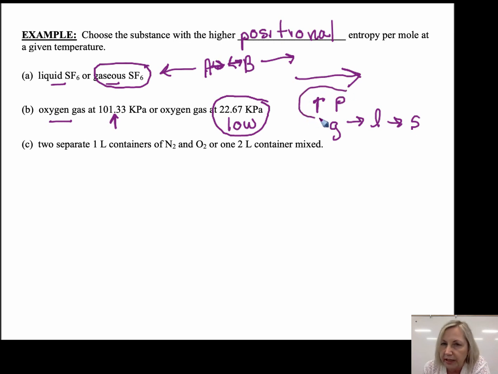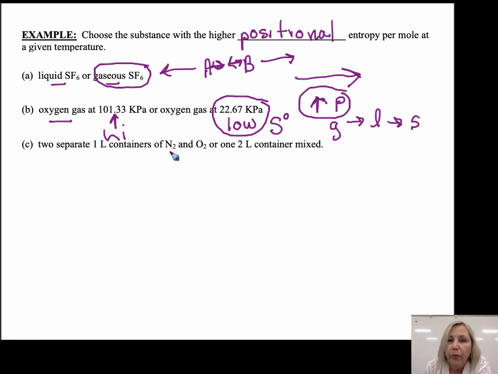So the higher the pressure, the more likely it is that we will decrease it. So that high pressure would have the lowest positional entropy. The low pressure is going to have the greatest delta S, or greatest S naught.